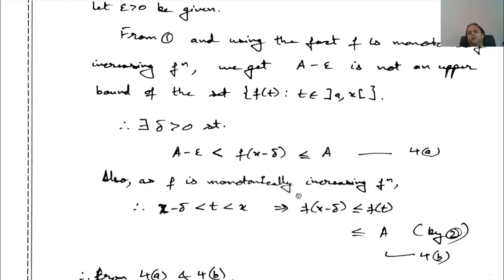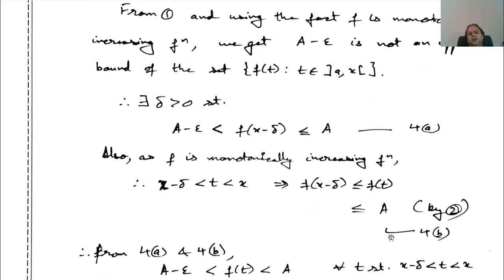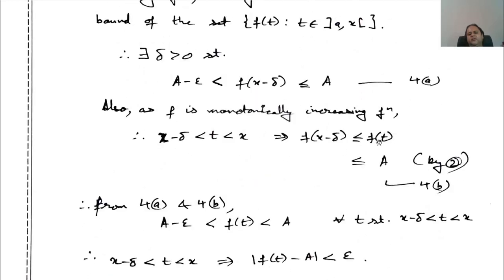So A minus epsilon is less than f(t), which is less than or equal to A, for all t between this interval. So x minus delta to x is an interval where t varies, and over that we get conditions 4a and 4b. You may pause and try to understand again. That will make it easy to understand, and then try to write it yourself.